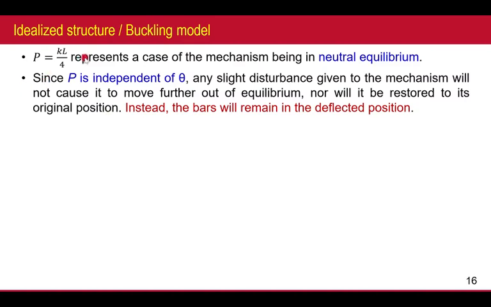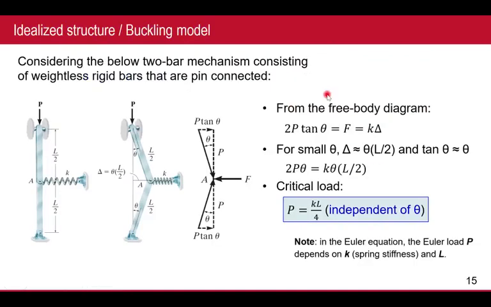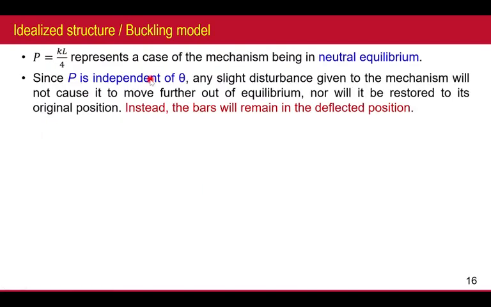P is equal to KL over 4 represents a case of the mechanism being in neutral equilibrium. Because P is independent of theta, as we mentioned from the derivation of this equation, any slight disturbance given to the mechanism will not cause it to move further out of equilibrium.